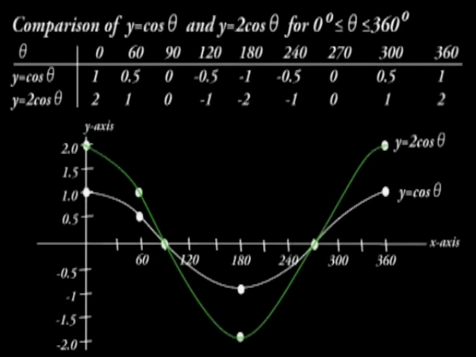Next are graphs of y is equal to a sine b theta and y is equal to a cos b theta. Let us compare the graph of y is equal to a half sine 2 theta and y is equal to sine theta. For the range of 0 to 360 degrees, we can have the table of values as shown below.